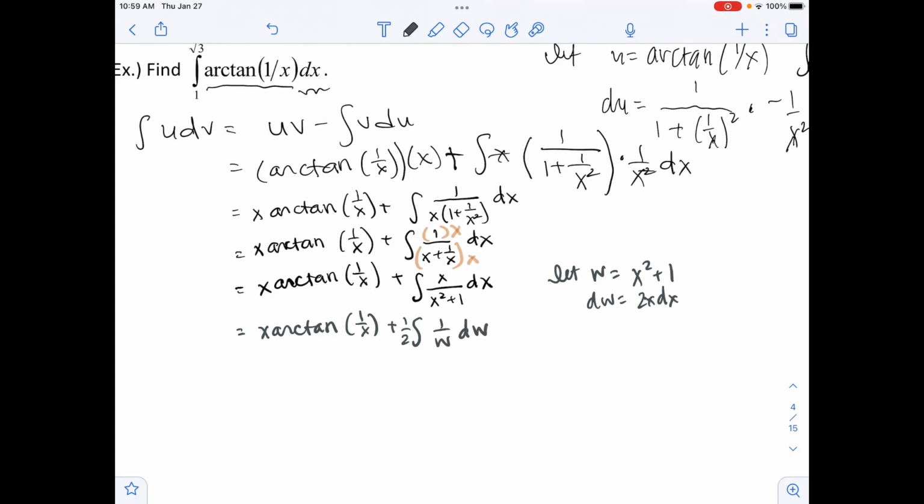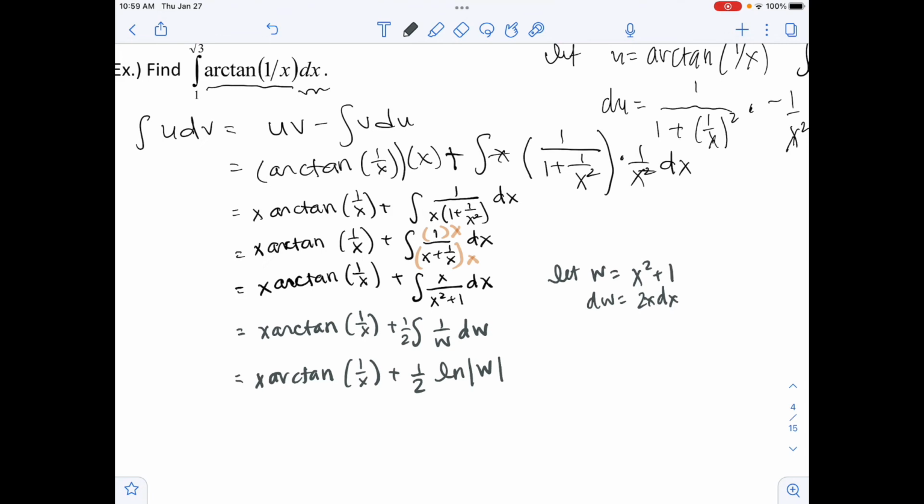I want to note really quick that if you were to evaluate this integral, notice that we have x's and w, so I'm going to back substitute in once I am done integrating, and then I will evaluate it at those original lower and upper limits that we were given for the problem. So from here we have x arctan 1 over x plus 1/2, and integrating 1 over w dw, we get ln of the absolute value of w.